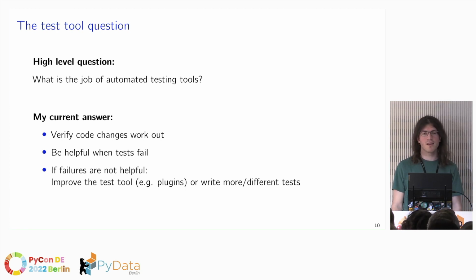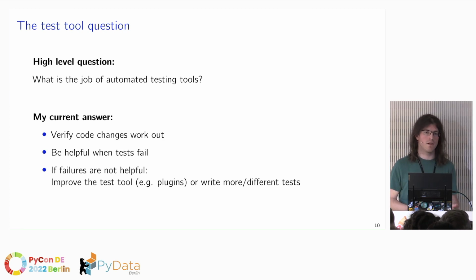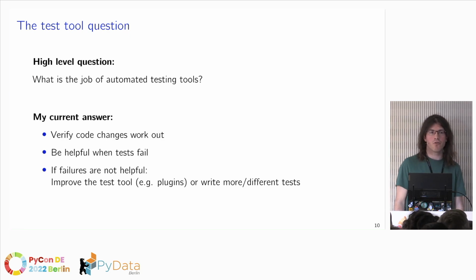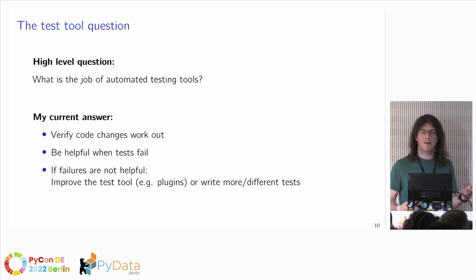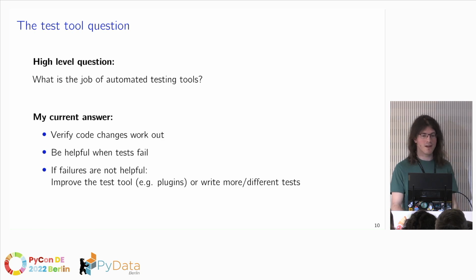And if that's not the case, then you should take care of making it helpful, maybe by improving the test tool, for example by extending PyTest in some way, or by writing more or different tests. So if you have some end-to-end tests which fail a lot, because maybe they're testing some very tricky code, then it might be a good idea to also write a couple of unit tests for the same code to have more focused error output when they fail.